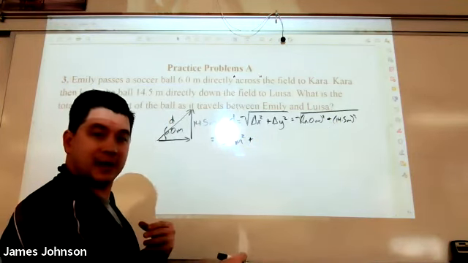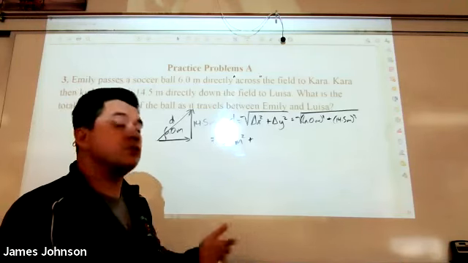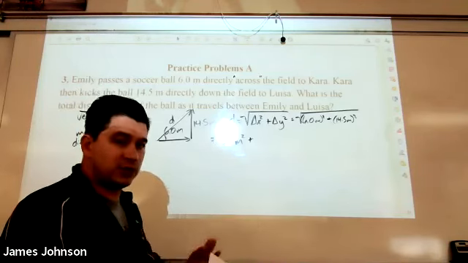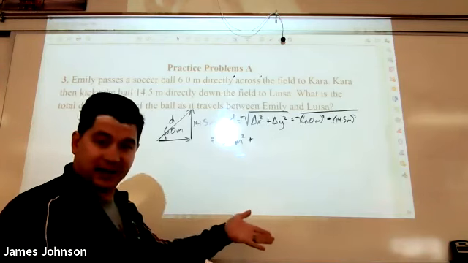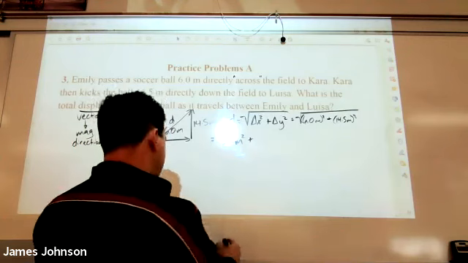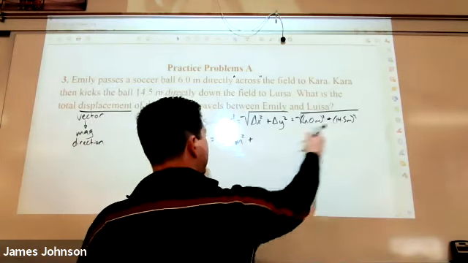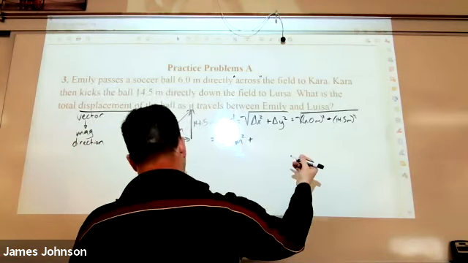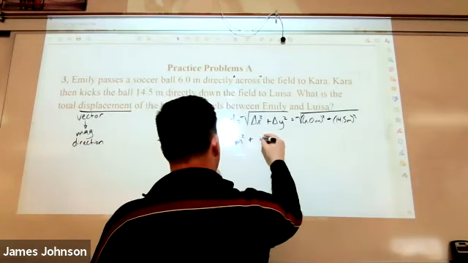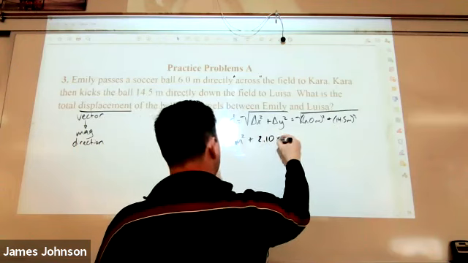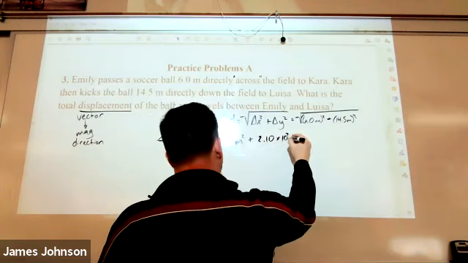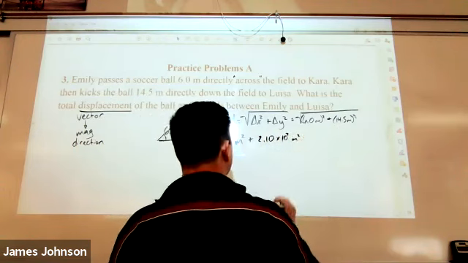If I wrote out the entire number, if you're just trying to do your work, that's totally fine, totally legit. You'd have to take them into consideration when you selected your final answer. But right now, I'm going to represent this intermediate step with the appropriate number of significant figures by writing this in scientific notation. So 2.10 times 10 to the second meters squared.